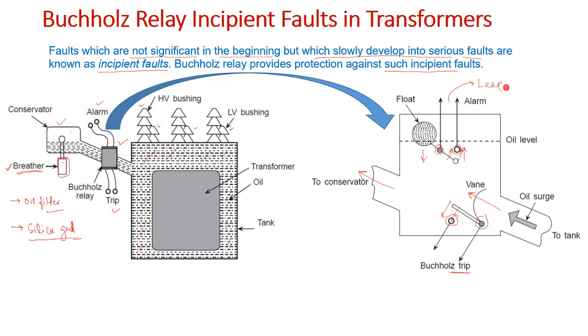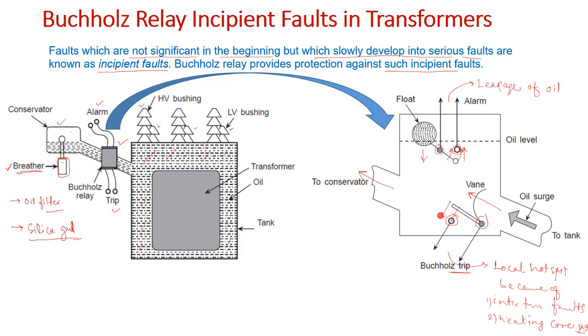So this indicates leakage of oil, and this indicates the local hotspot condition because of interturn faults, core interturn faults, or heating in core joints, right.